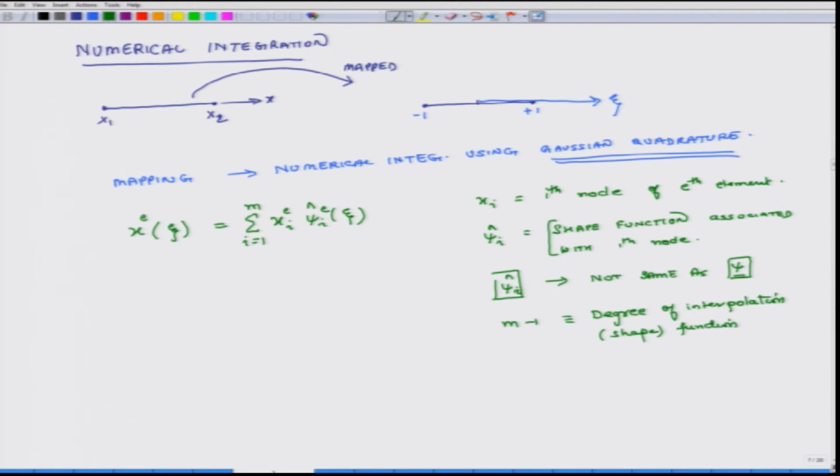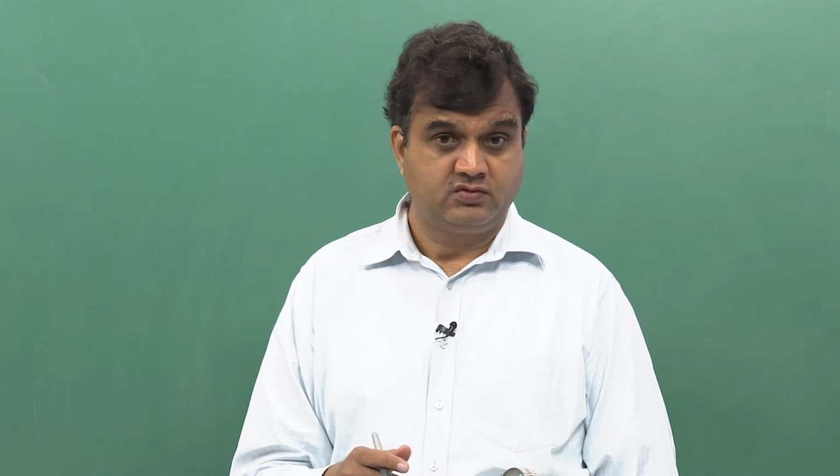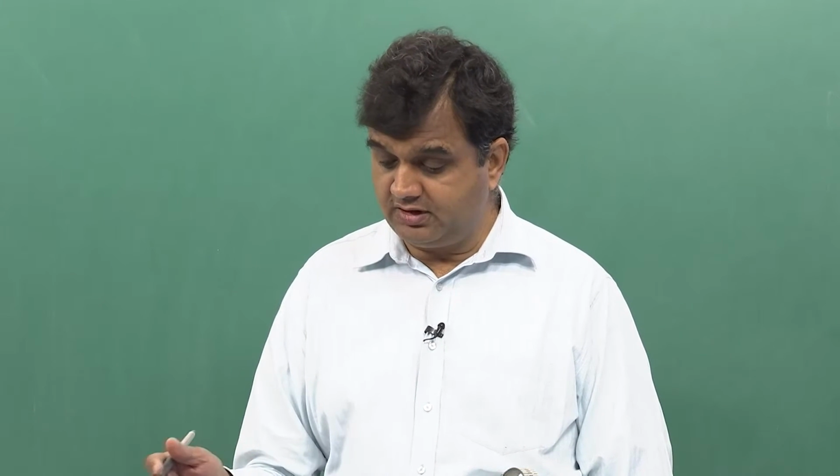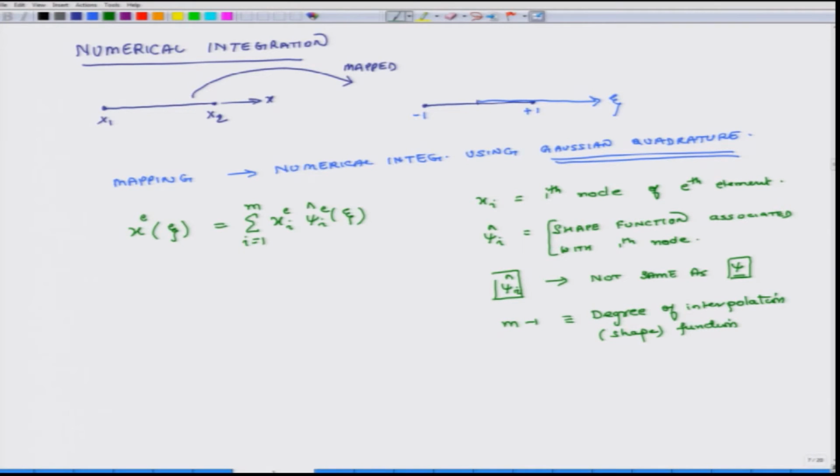So, for a linear element m is 2, because there will be 2 shape functions, and m minus 1 tells us that the degree of polynomial for each shape function will be 1. It will be a linear element. If there are 3 nodes, then the degree of shape function in this case will be 2, and so on and so forth.